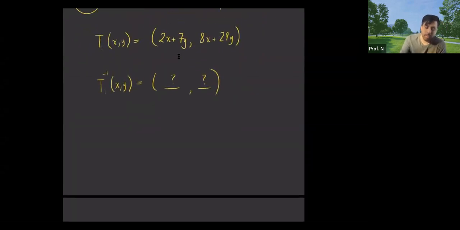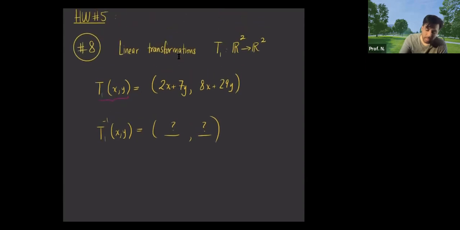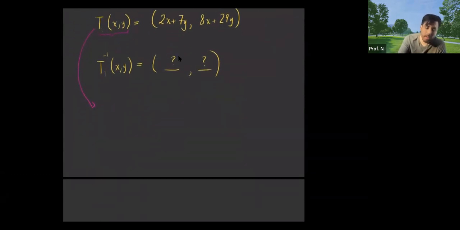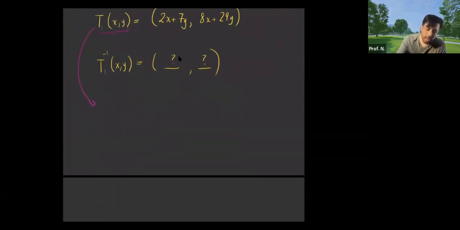Remember, any linear transformation can be represented by a matrix. So first we have to find the standard matrix representation of T1.